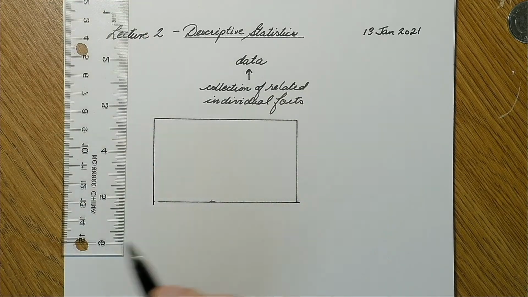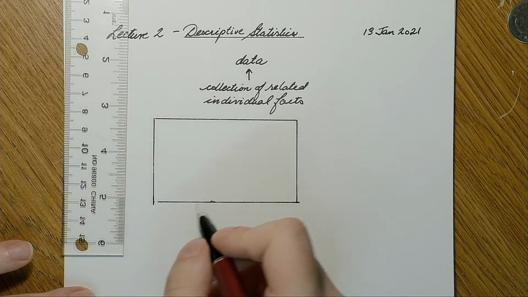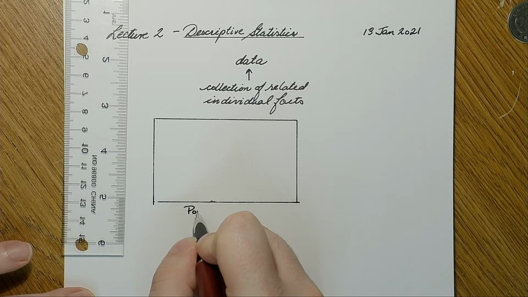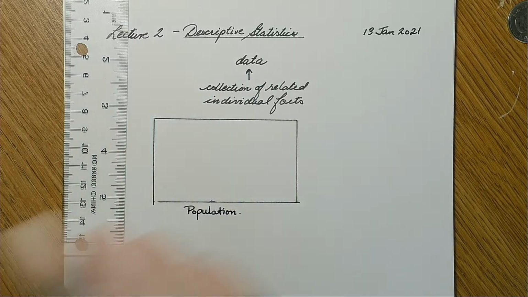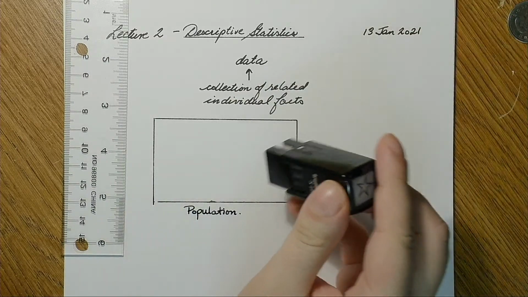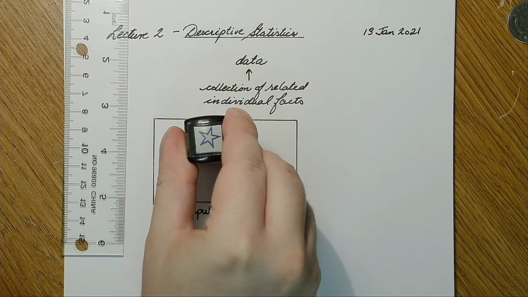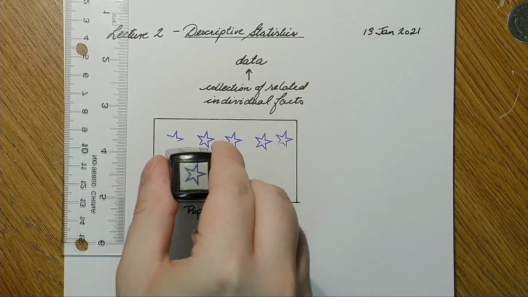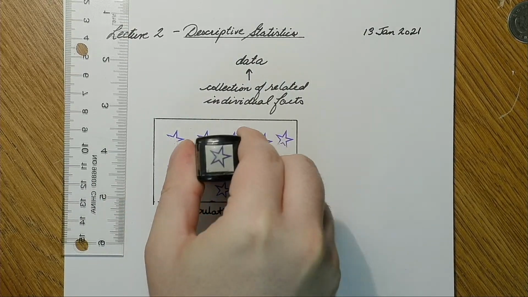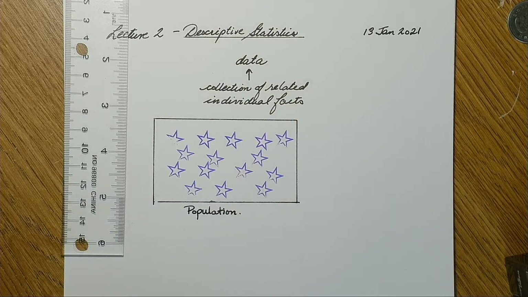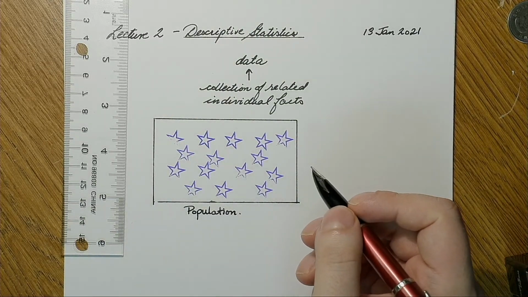Suppose that I have a population of people. And let's say that here's the entire population. Quite a few stars there. Those could be people, they can be anything.